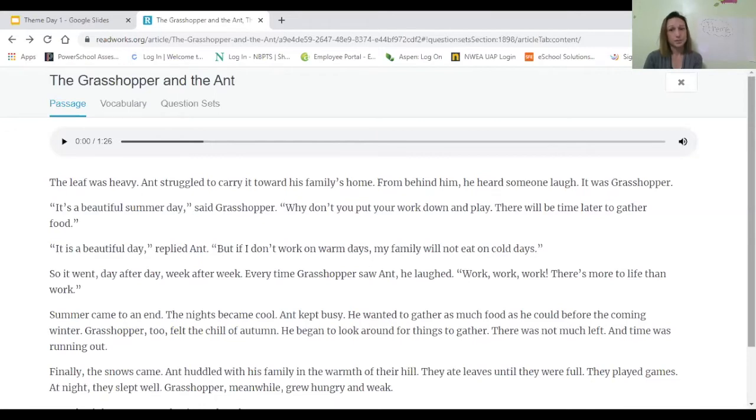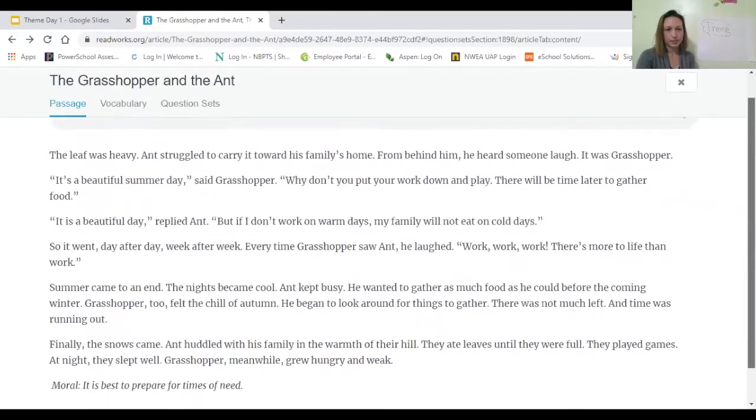There was not much left, and time was running out. Finally, the snows came. Ant huddled with his family in the warmth of their hill. They ate leaves until they were full. They played games. At night, they slept well. Grasshopper, meanwhile, grew hungry and weak.